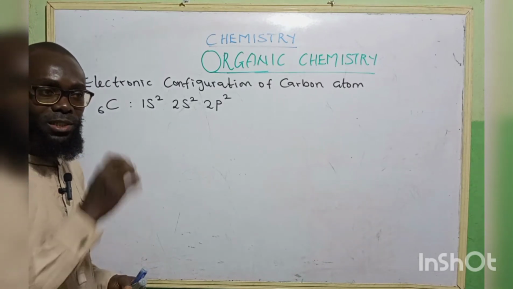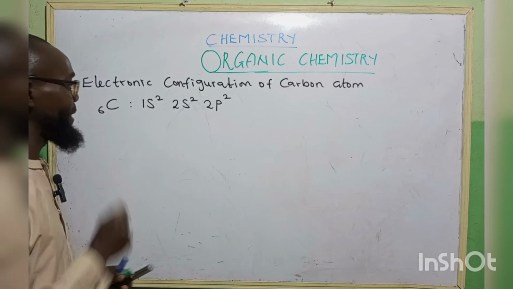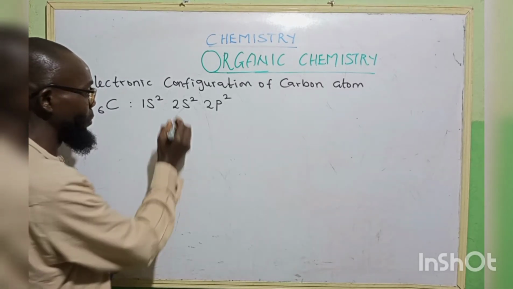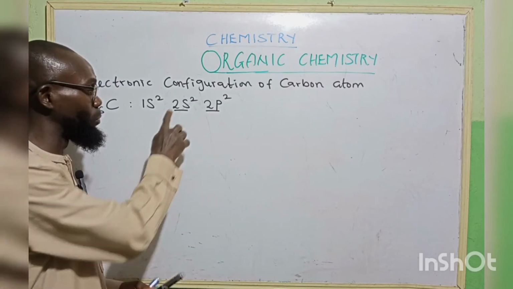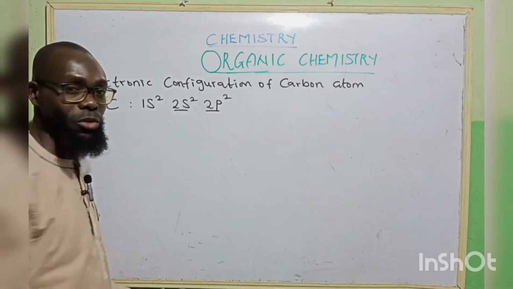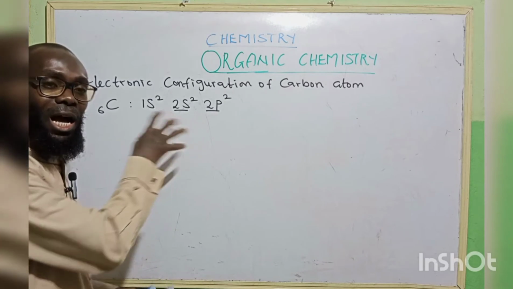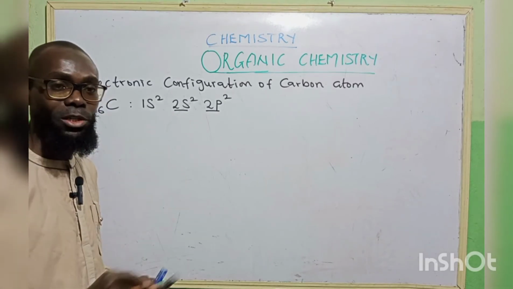Now, in this case, what do we mean by this? In the outermost shell here, we have 2s and 2p, meaning that carbon belongs to period 2 and group 4. That is, 2 plus 2 gives us 4. So we can use this to determine the period and group of any element in the periodic table.